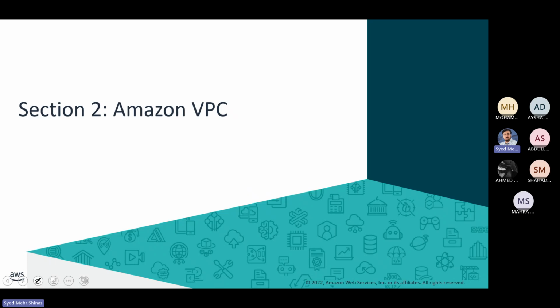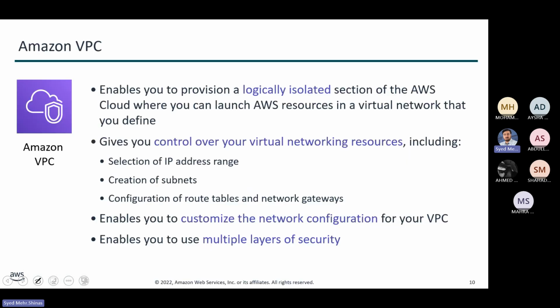Now we will discuss the VPC. If you see here, your VPC enables you to provide a logically isolated section of the AWS cloud where you can launch AWS resources in a virtual network. What is a VPC?